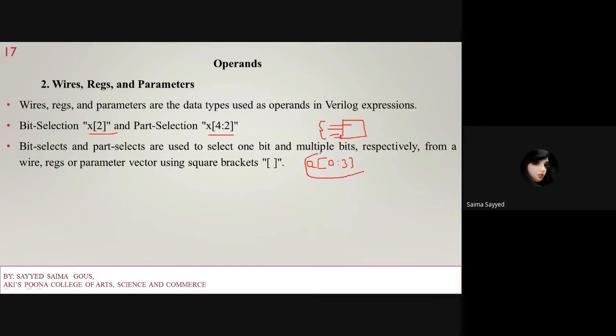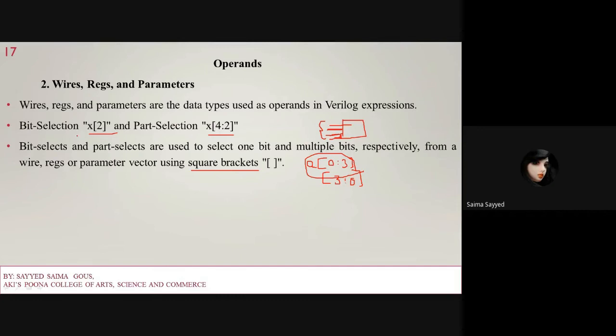This is called a vector. Here it will become A0, A1, A2, and A3. So A is from 0 to 3, or we can write it as 3 to 0: A3, A2, A1, and A0. This is called vector representation, and for vector representation you have to use square brackets.